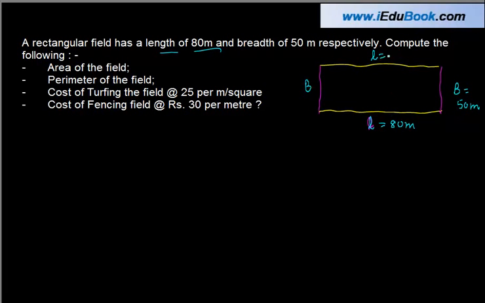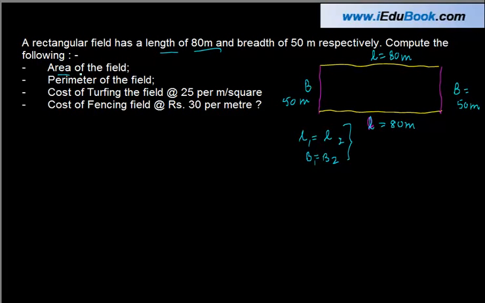Again, if this length is 80, this also is equal to 80 meters. This breadth is equal to the opposite breadth, or 50 meters. Why? Because we know the property of the rectangle that the lengths of both the sides are equal, L1 is equal to L2, and the breadth of both the sides is also equal. Right? Now, given this logic, let's see what we do.